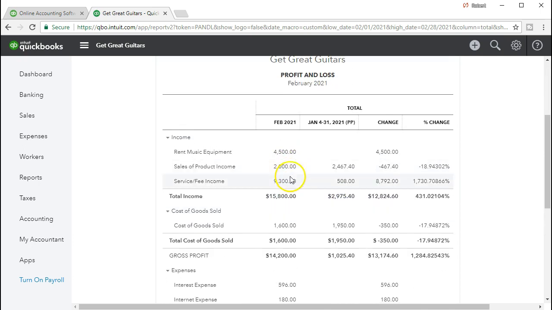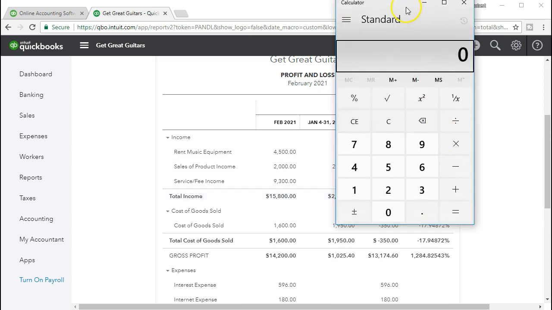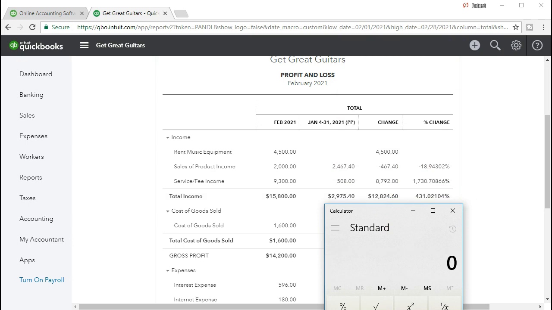Here's our totals for the sales. And here's our difference. Now this percentage again, if we calculate this percentage, we're going to say that the difference here is the 15,800 minus the 2,975.4, or 12,824.60.